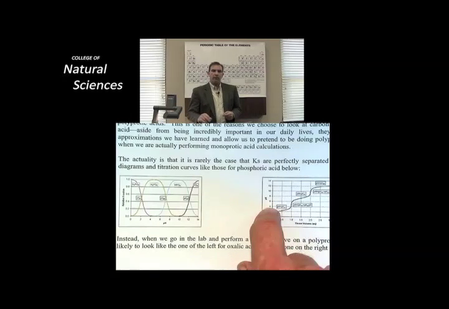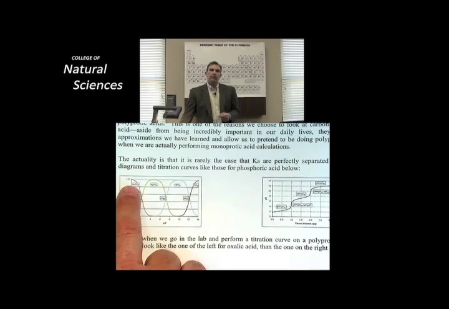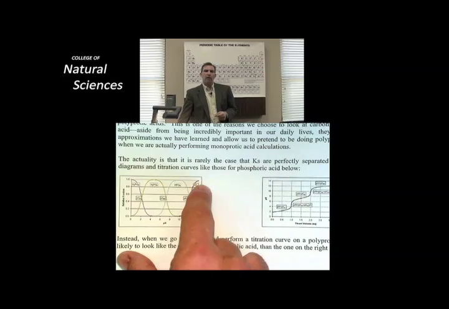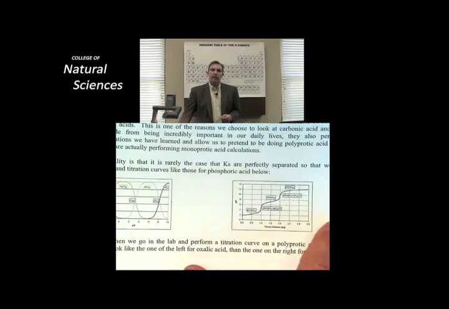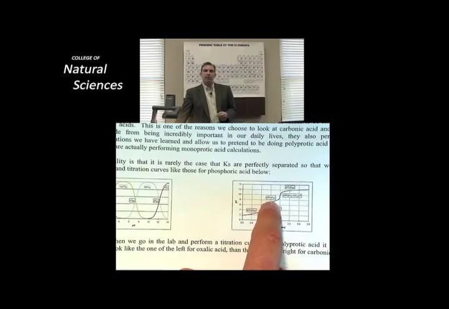So that information is the same. The dissociation appears to be the same, H3A becoming H2A minus, becoming HA double minus, becoming A triple minus. You see the same thing over here as I go from H3A through the buffer to H2A minus, through to a new buffer, to a new endpoint, and so on.